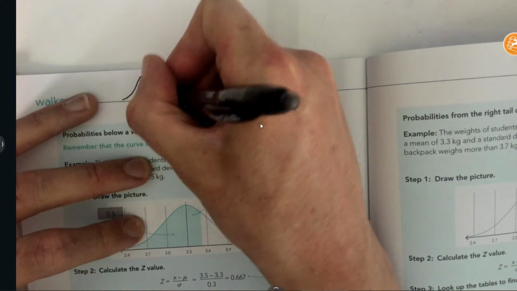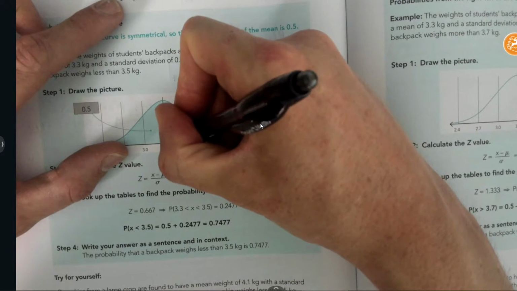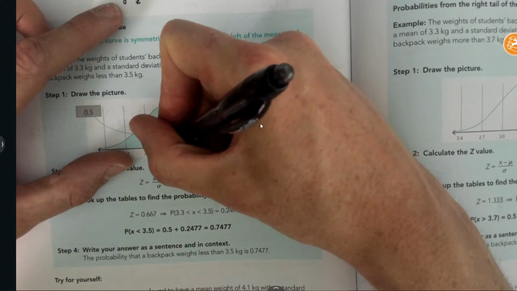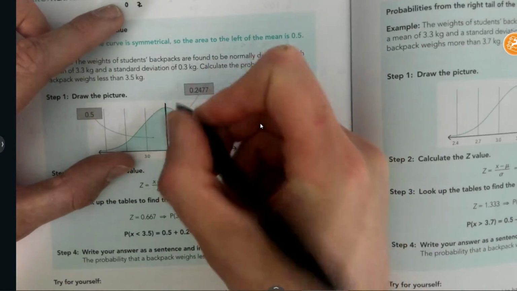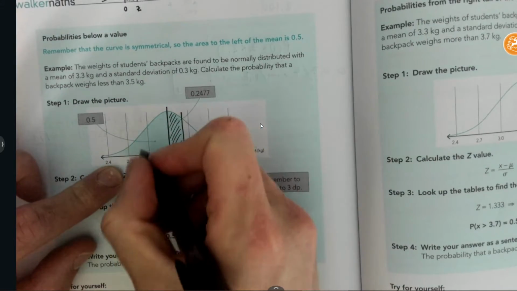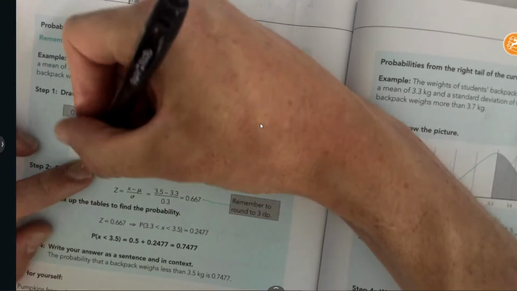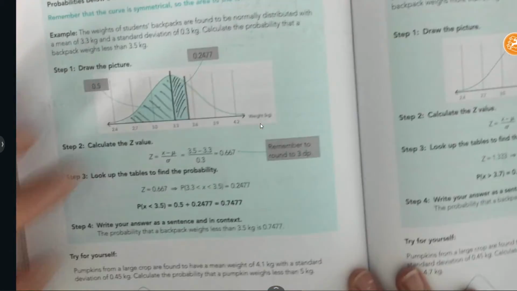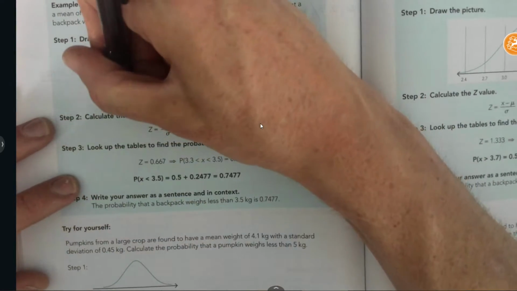But this one's different because our Z value is going to be here, and not only are we taking from the mean over to the Z value, we're also going to add on this whole region to the left. So there's a little bit extra that we're adding on, but it should be pretty straightforward.